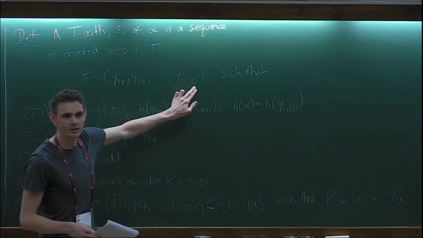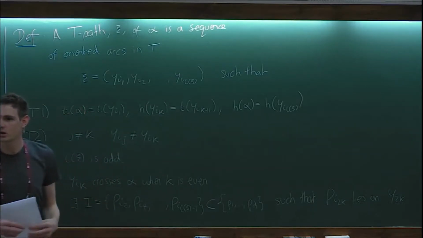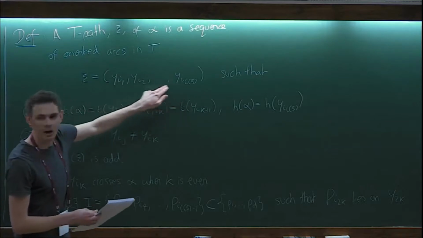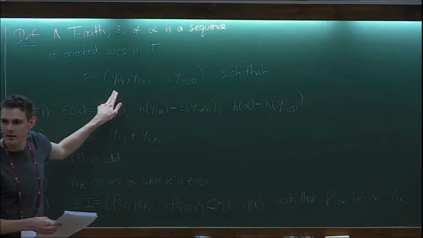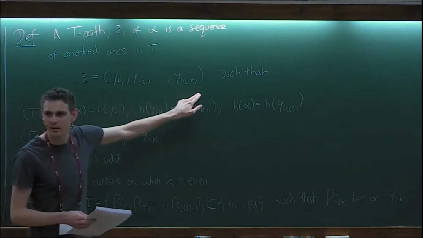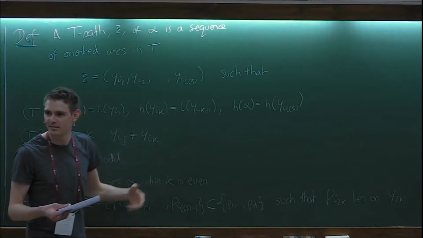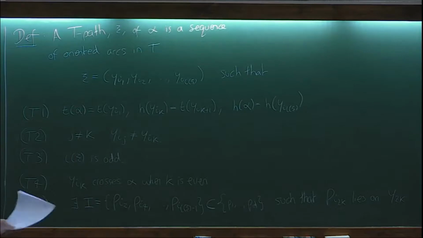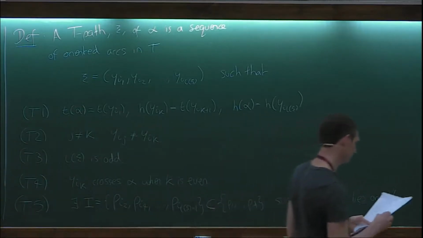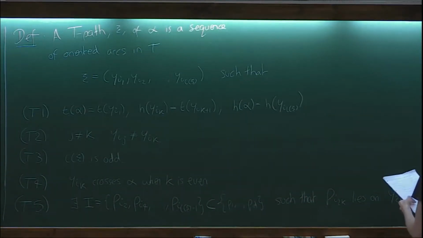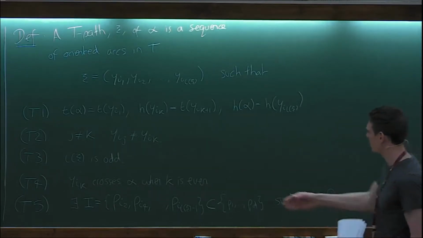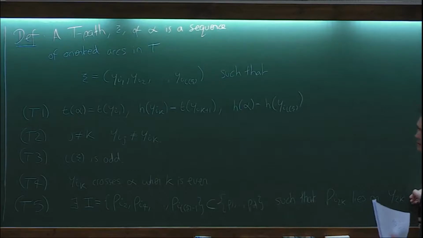Oh, L of zeta, it's just the number of arcs in this sequence, right? If there were k arcs appearing, then L of zeta would be k. Is that clear? Yeah. Okay. But just to say, this condition is really referring to the t-path preserving the intersection points.